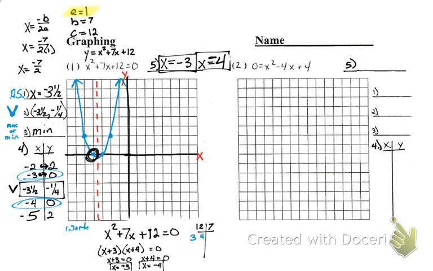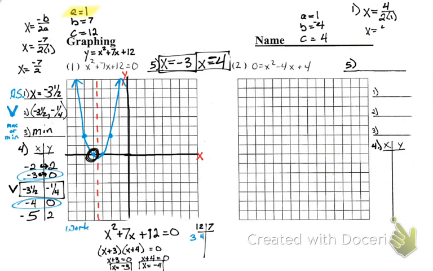Number 2, let's see. First of all, my A is 1, B is negative 4, and C is positive 4. So for my axis of symmetry, my step 1, x equals negative b, which would be positive 4, because b is negative 4, over 2 times 1.